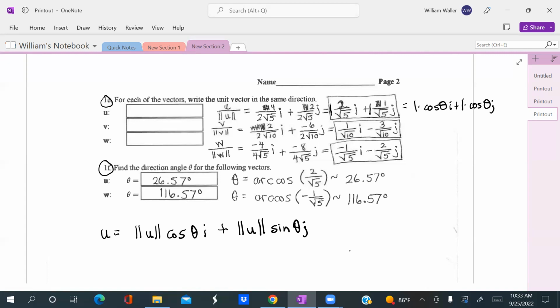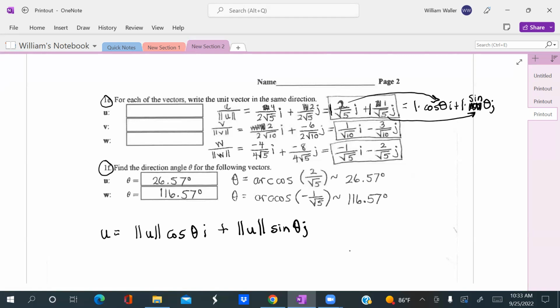Which means that cosine of theta must be 2 over the square root of 5. I'm sorry, the j term was supposed to be sine of theta times j. And it also tells us that the sine of theta is going to be 1 over the square root of 5.